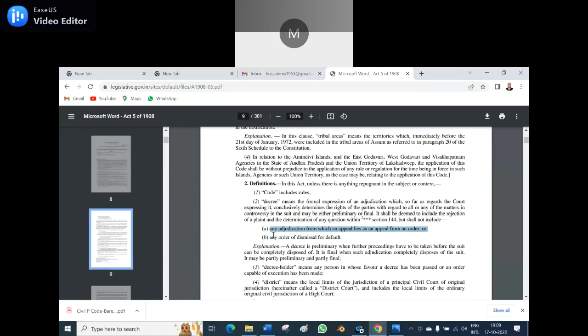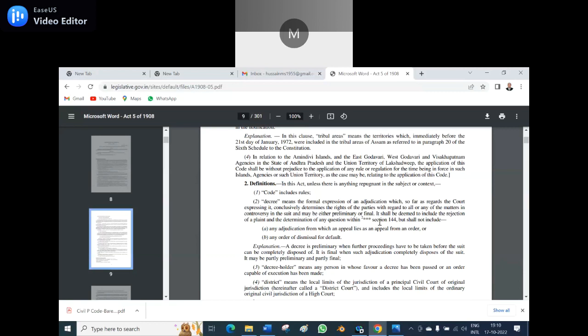Yes, it is true. So now, section 2, clause 2, decree means the formal expression of an adjudication which, so far as regards the court expressing it, conclusively determines the rights of the parties with regard to all or any of the matters in controversy in the suit and may be either preliminary or final.